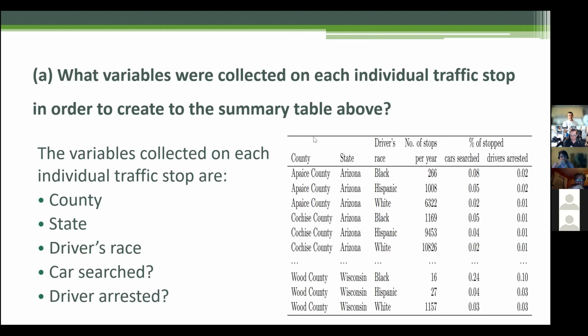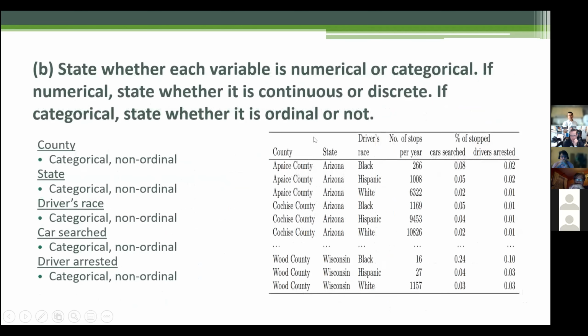The next slide asks what type of variables these are, and they're all categorical, non-ordinal. It should be pretty obvious why. For example, Arizona is not better or worse, higher or lower than Wisconsin in any regard. It's the same for county and driver's race. So these are the variables that were collected, 5.